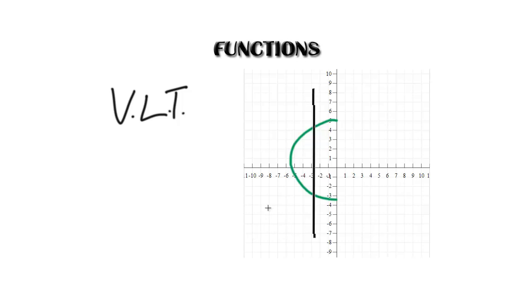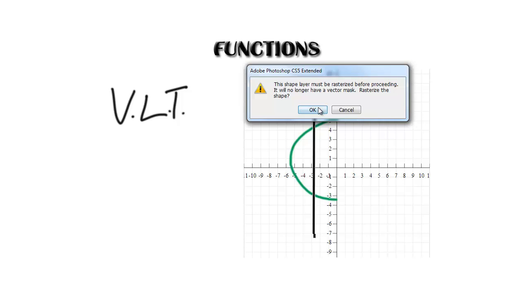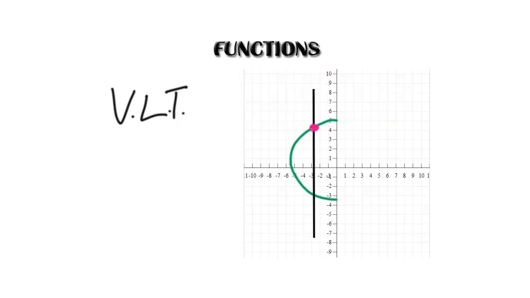But something's different here. Let me highlight the spots. We have one spot here. It crosses the graph at that point. So that's one. But it crosses at another one down here. So the vertical line crosses at 2 points.